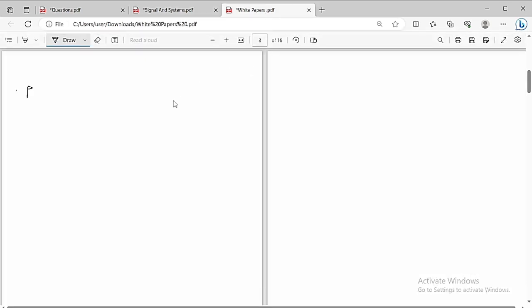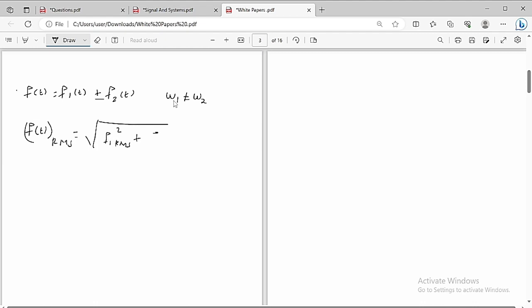Suppose f of t is equal to f1 of t plus f2 of t. What is the RMS value of f? If f1 has a frequency omega 1 and f2 has omega 2, and omega 1 is not equal to omega 2, then only the formula is the square root of f1 RMS squared plus f2 RMS squared.